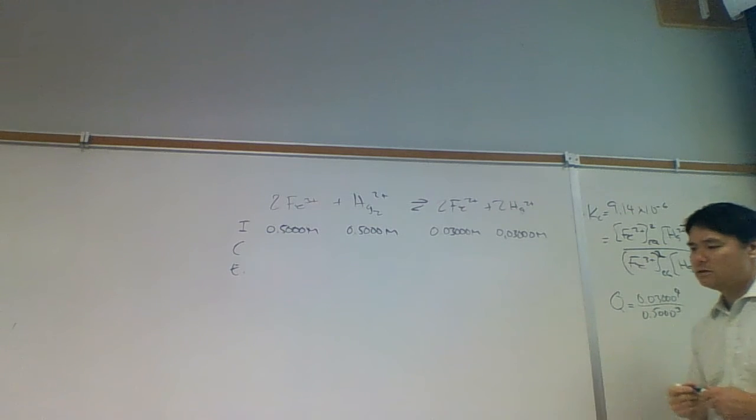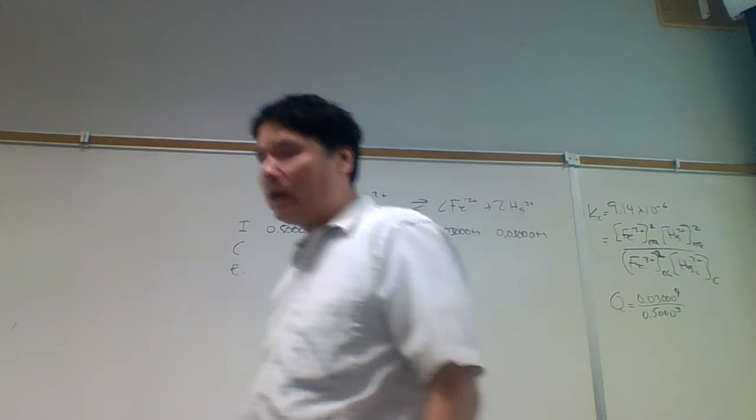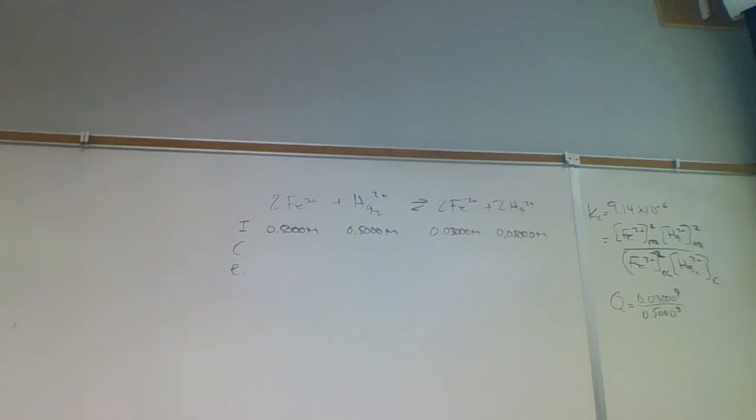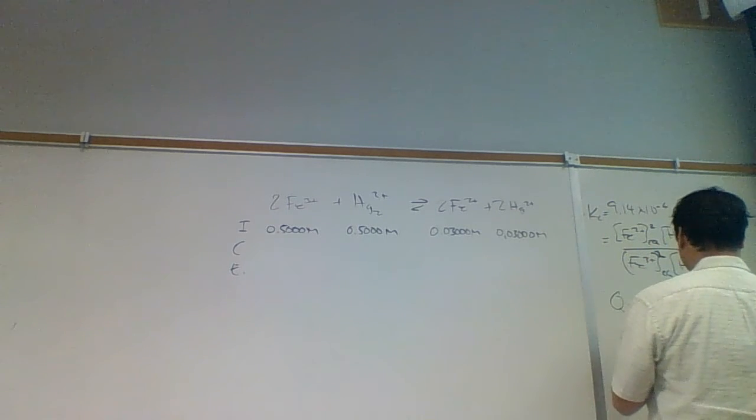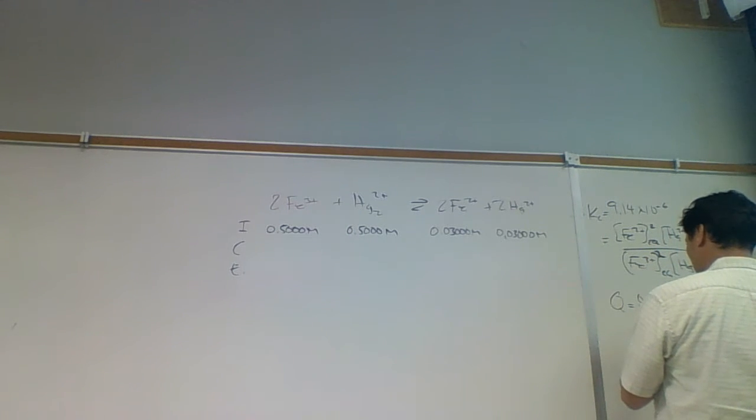We can calculate the ratio that we have right now and see, is it too big or too small? So 0.03 to the 4th, just square it twice, divided by 0.5 cubed, gives 6.48 times 10 to the minus 6.